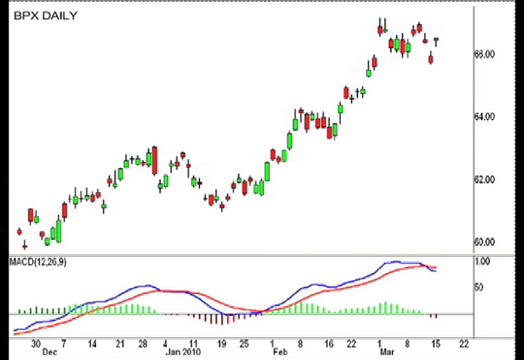Here's a shot of the BPX, which is of course your U.S. dollar versus the British pound, and what I've done here is I've plotted on our MACD, and you can see down here that we're looking at a setting of 12, 26, 9. And you can really see that as the pair value trends higher, you'll notice that your 9-bar line, which is your blue line here, is trending above your slower moving line, which is your red line.